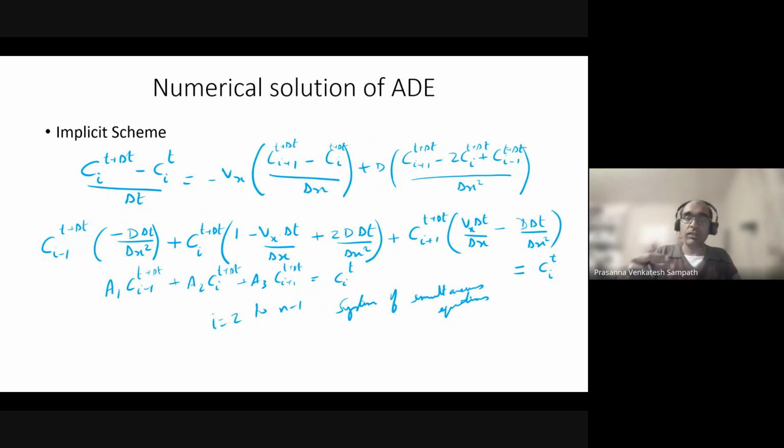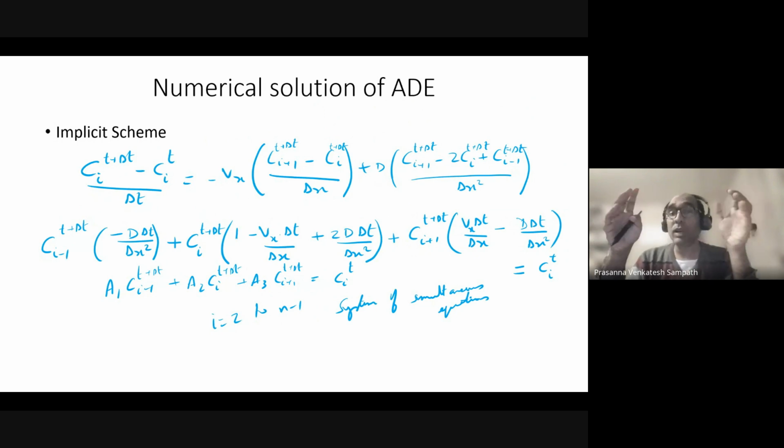I know the concentrations in the previous time step, which is based on my initial condition, and then we watch the solution evolve as a function of time. The concentration at t plus delta t is not known at all of those different cells, I equal to 2 to I equal to n minus 1. Therefore, in this equation, I have three unknowns.